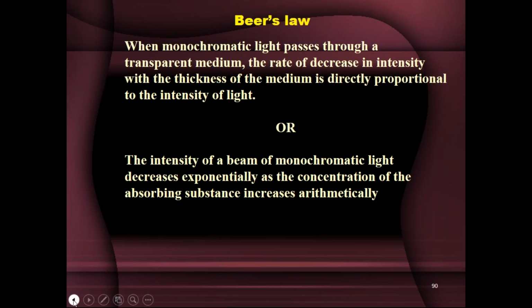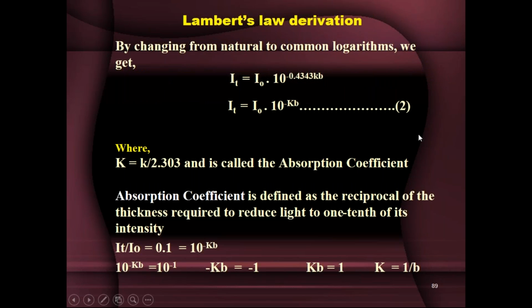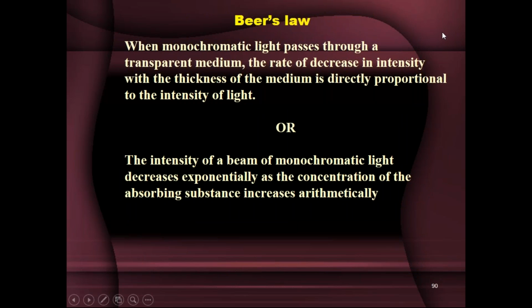So this was Beer's law equation, IT equals IO into 10 raised to minus capital KB. Equation 2 is the Lambert's law equation. The second law of absorption is Beer's law. So what does it state? Similarly, both the laws state the same words except one change.